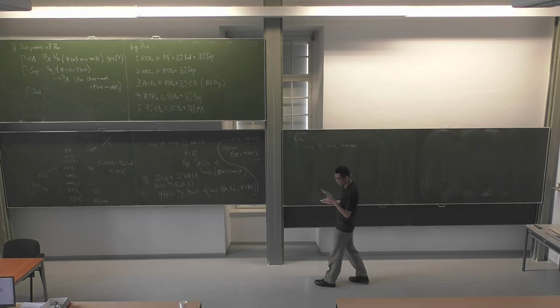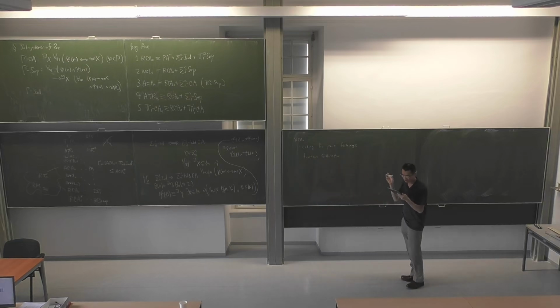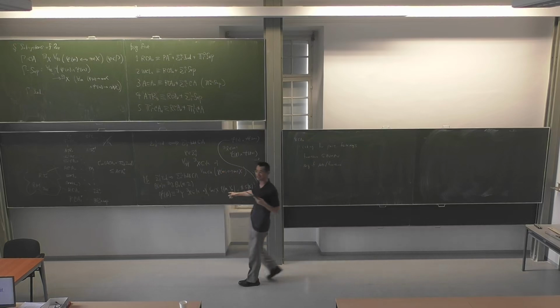Those are available, and of course we can talk about functions by considering the graph, and then we can also consider a sequence of sets or functions by, well, I already used the notation here, but like this.